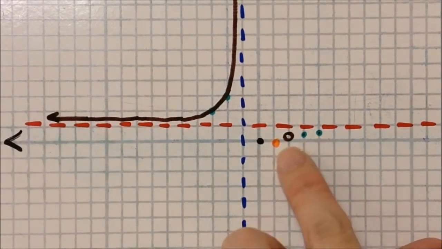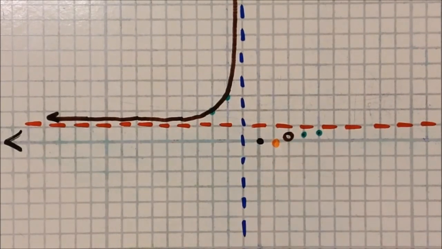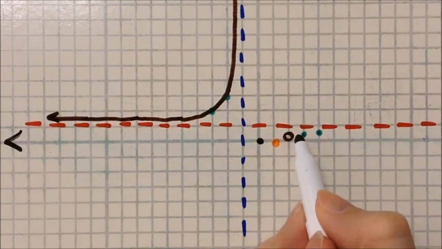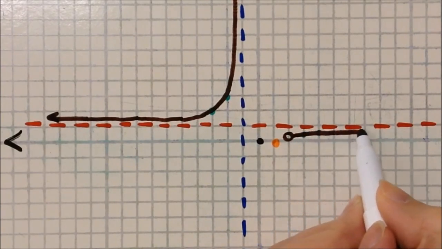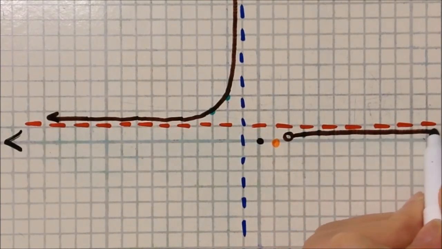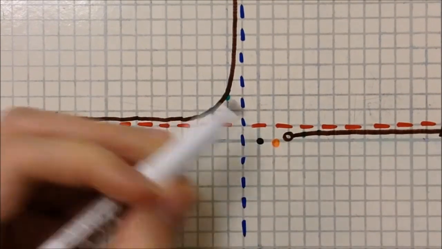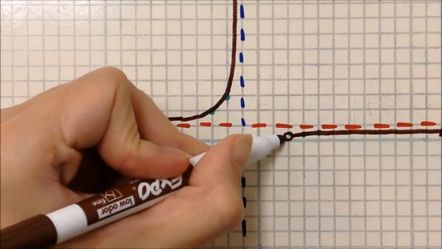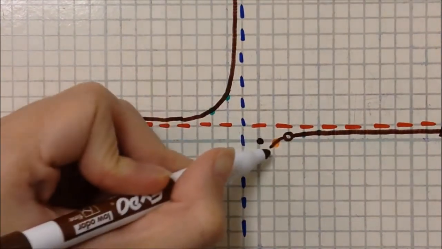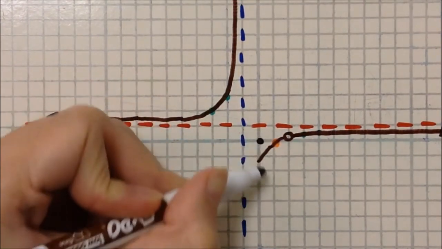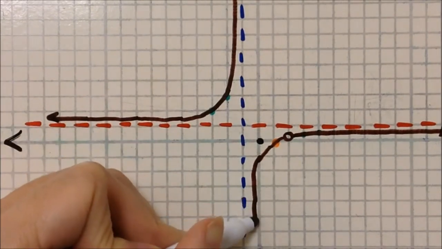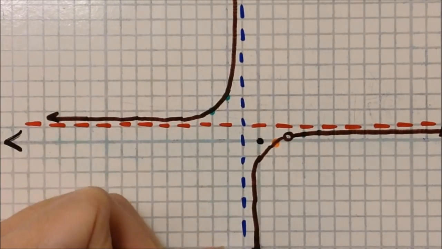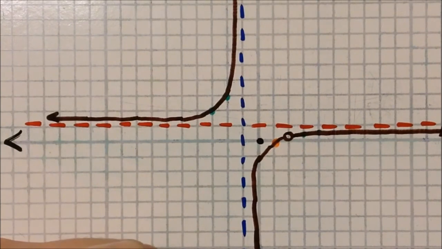Connect all the dots with the hole. So again, I'm not going to cross the horizontal asymptote. And then over here, just like my x-intercept and vertical asymptote, I'm just going to use my vertical asymptote as my guide and then just graph along to it.